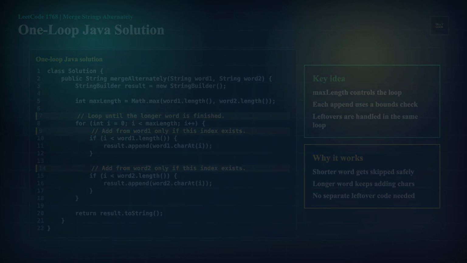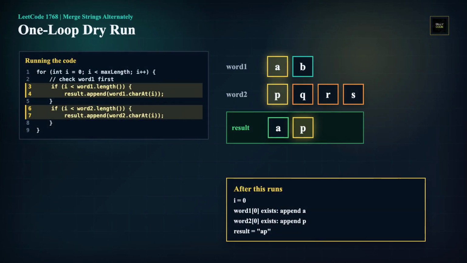Now watch how this handles leftovers automatically. Again, word1 is ab and word2 is pqrs. The max length is 4. At i equals 0, word1[0] exists, so append A. word2[0] exists, so append P. Result is ap. At i equals 1, word1[1] exists, so append B. word2[1] exists, so append Q. Result is apbq.